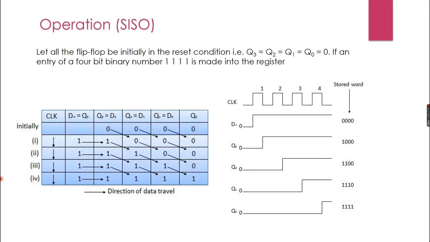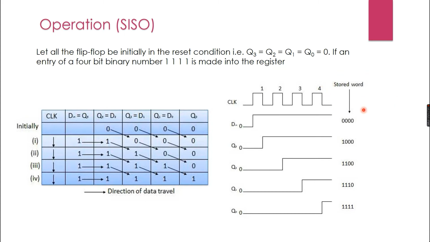So this is the truth table. We can understand how, with each passing negative clock cycle, the input we are passing is 111 and it is stored in a shifting manner. With this waveform we can understand it more clearly. On the D input, before the first negative clock edge arrives we give an input 1, before the second we also give 1, before the third we give 1, and before the fourth we also give 1.